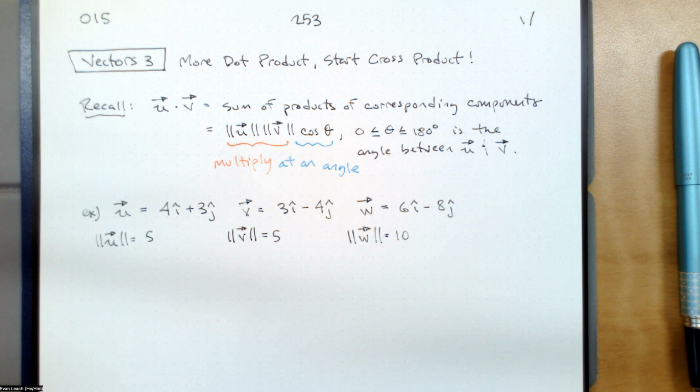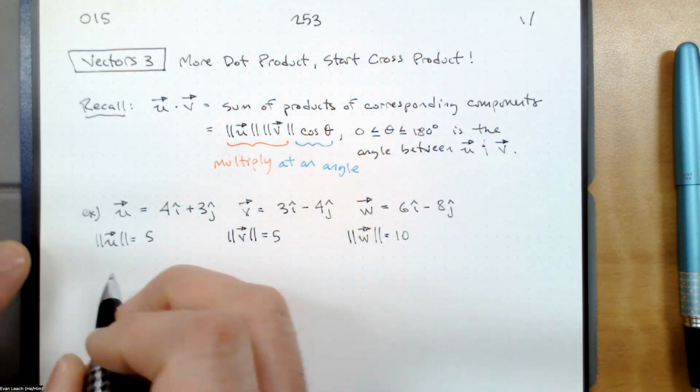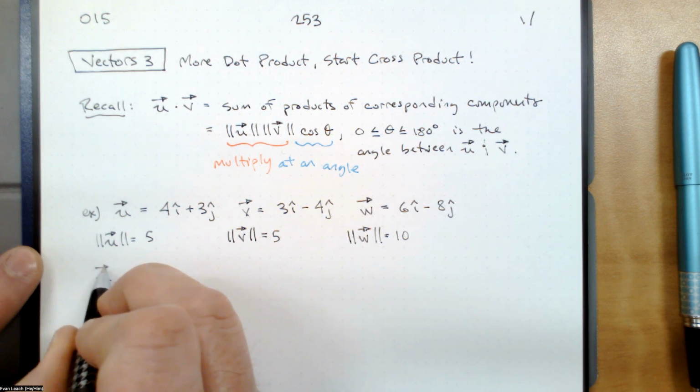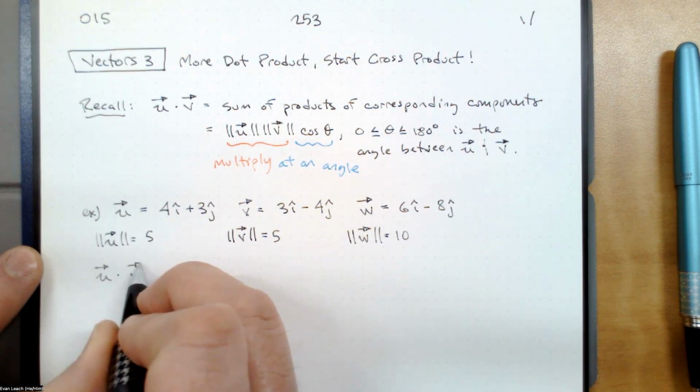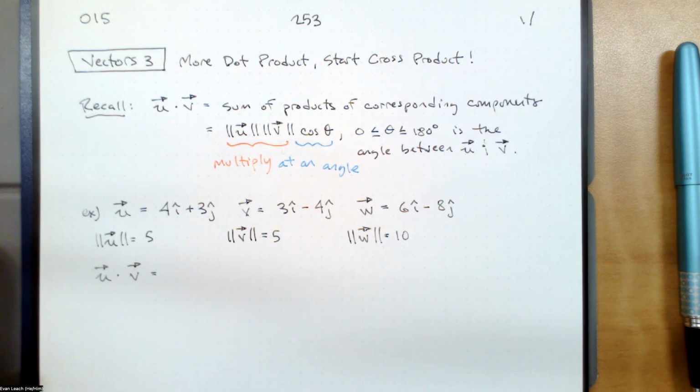What we notice is that when we calculate u dot v, I don't know the angle between these vectors, although secretly I know the angle between these two vectors. So we're going to calculate with the sum of the products of the corresponding components.